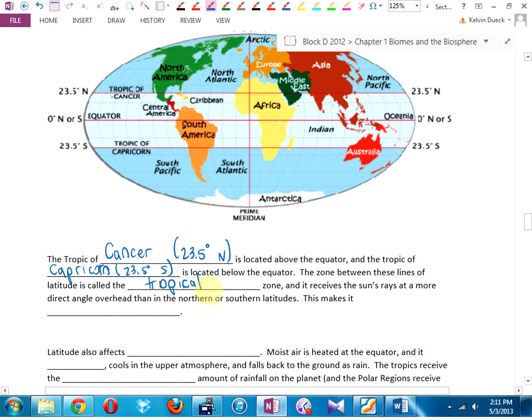And this makes it, well, hot. Warmer. When I was in Ecuador, when I was standing on the equator, it's hot weather year-round. They don't really have separate seasons, a separate summer, a separate winter. It's warm, warmer, warm, warmer. There's your 4 seasons.